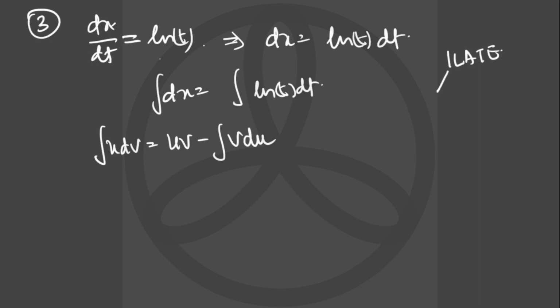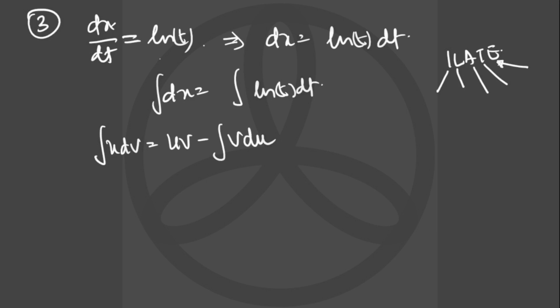I is for inverse, which means if there is an inverse in this function, our priority to select that as u should be 1. Then logarithm is 2, algebraic is 3, trigonometric is 4, and exponential is the last choice.